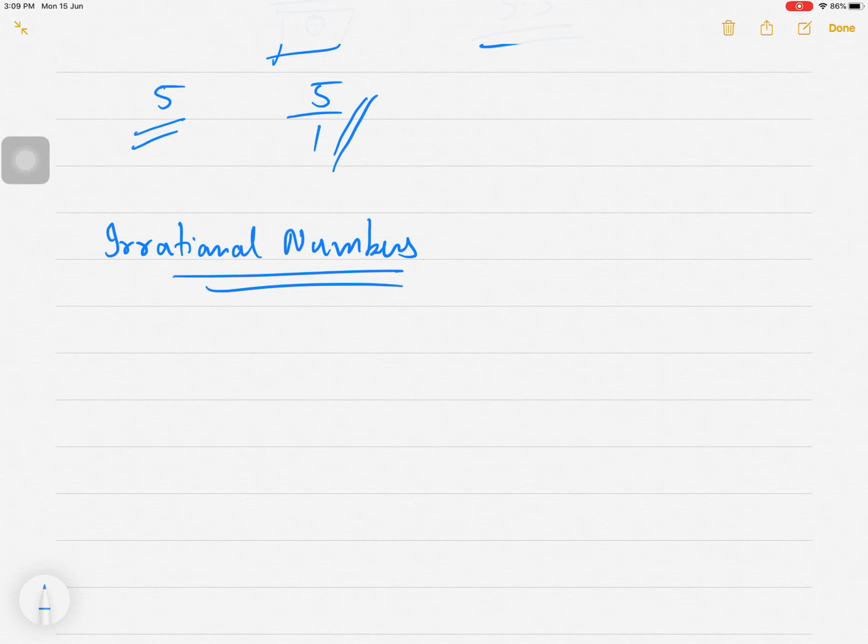For example, non-repeating decimals, like 5.010020617803004 and it keeps on going. This number is irrational because the decimal is not repeating and it is non-terminating. It is never ending.